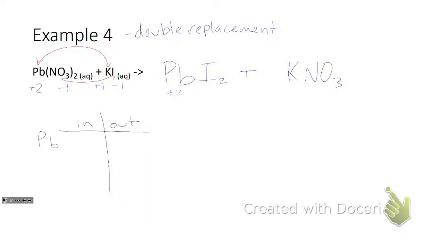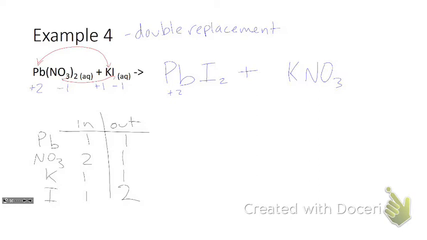So we have lead, we have nitrate, we have potassium, and we have iodine. Okay, going in we have 1 lead, 2 nitrates, 1 potassium, and 1 iodine. Going out we have 1 lead, 1 nitrate, 1 potassium, and 2 iodines.